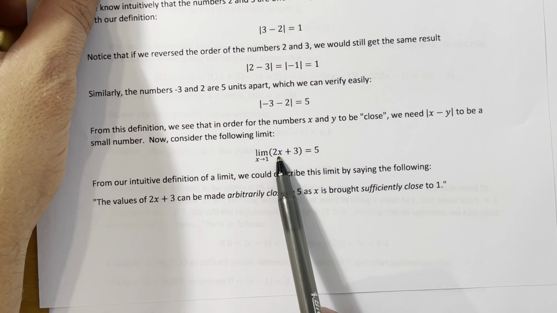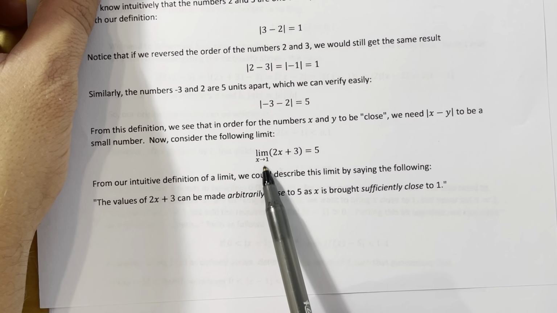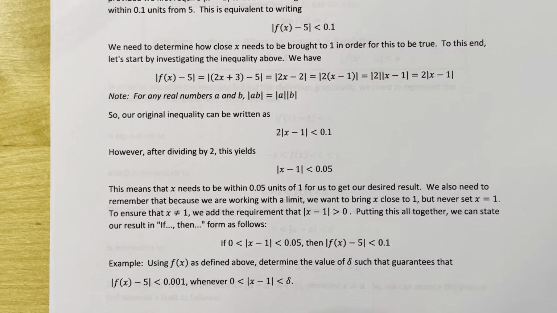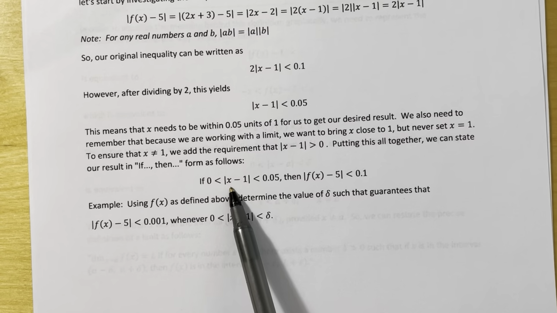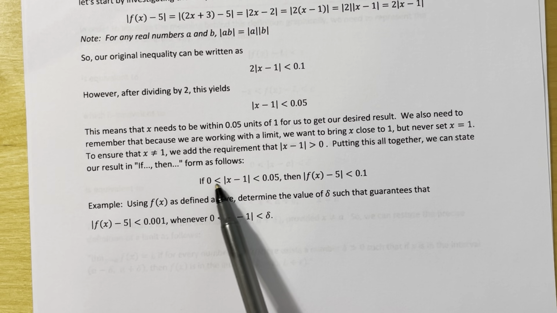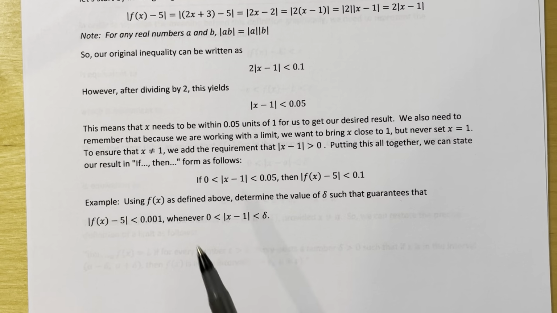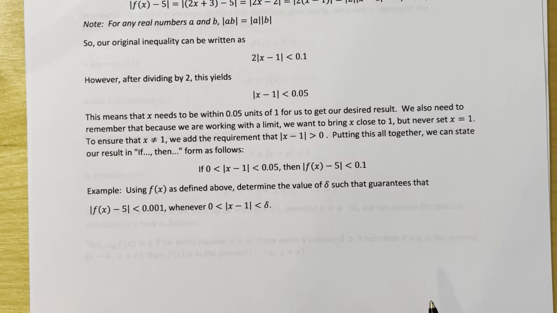Okay, because we're looking at the behavior of this function as x gets close to 1, which may actually be different, depending on the function here, than what happens when x is exactly equal to 1. So we do not want to have to account for the case where x is equal to 1, and by putting this restriction on here, making this greater than 0, that's ensuring that x is not equal to 1. That's the only purpose behind that greater than 0 there. Okay?